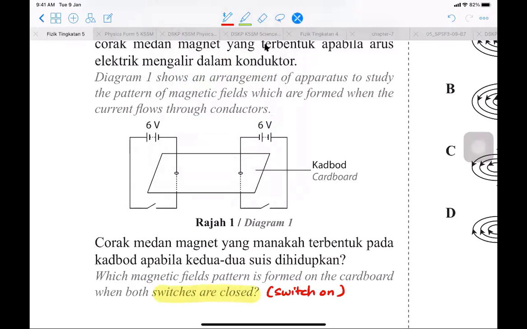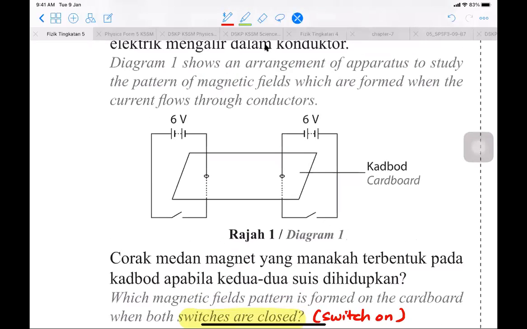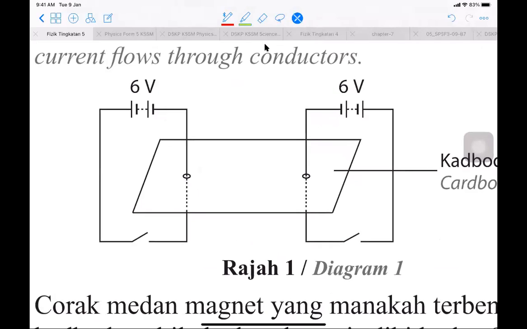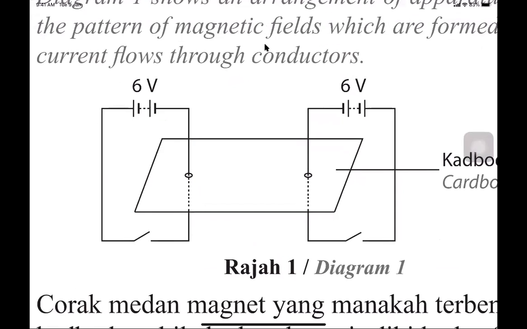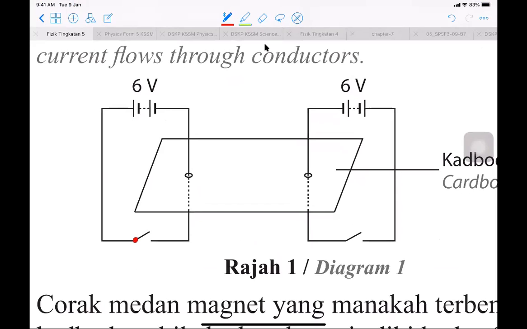To identify the correct pattern, you have to know the direction of the current flow. The direction of the current flow is always from the positive terminal to the negative terminal. Let's say the switches are already closed.